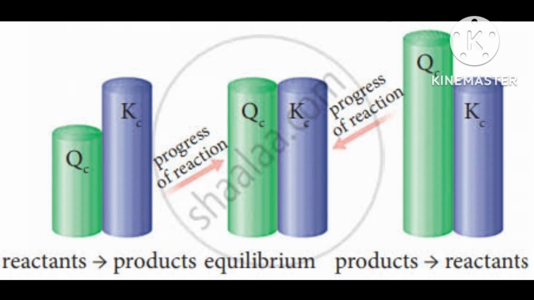If Kc is very small, less than 10 to the power minus 3, the reaction proceeds rarely, means it will not proceed, or if it proceeds it is very slow. That's why reactant will be more and product will be very less.